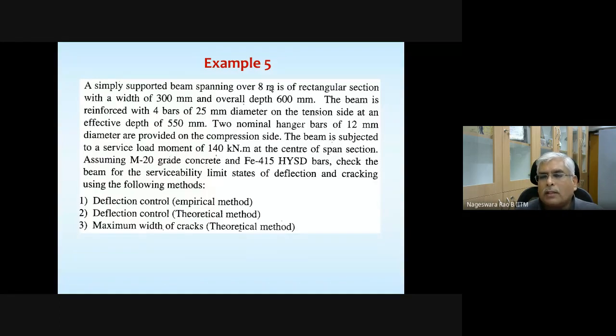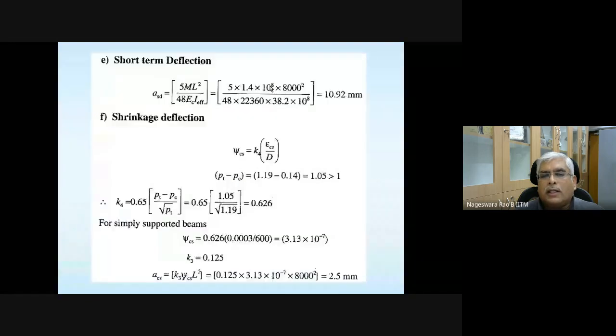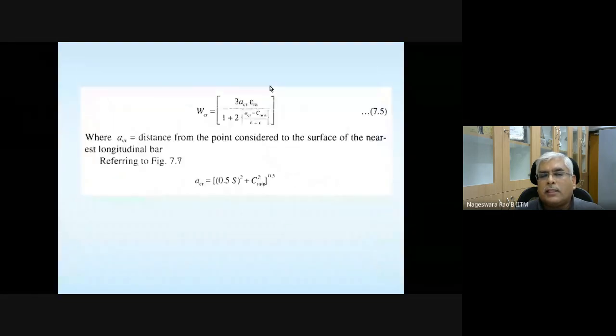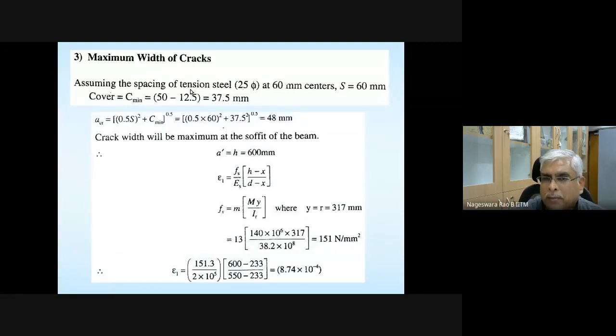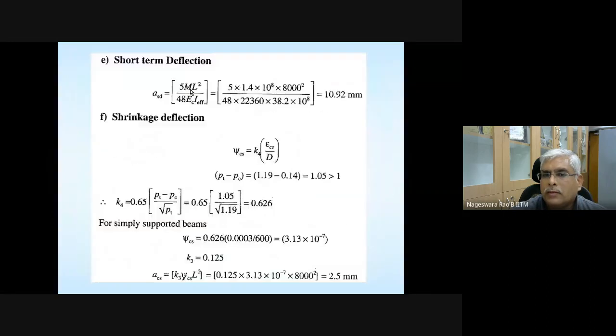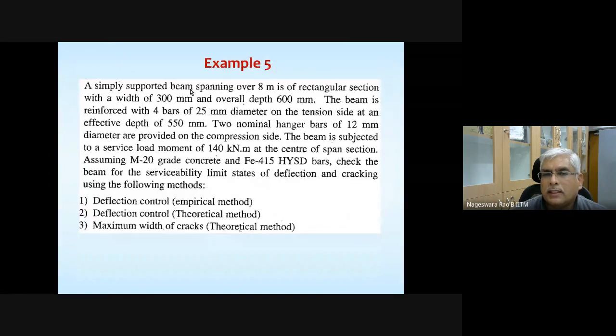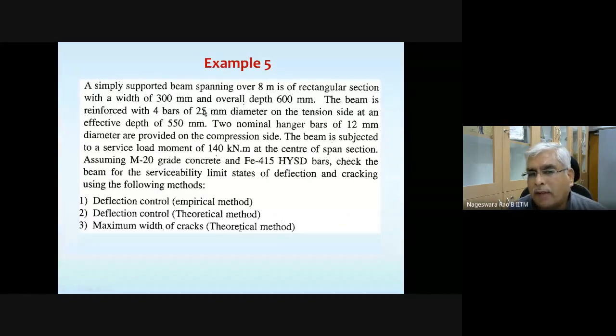So let's see that. And here 4 bars of 25 mm diameter are given. What is the width of the section? Width is 300.